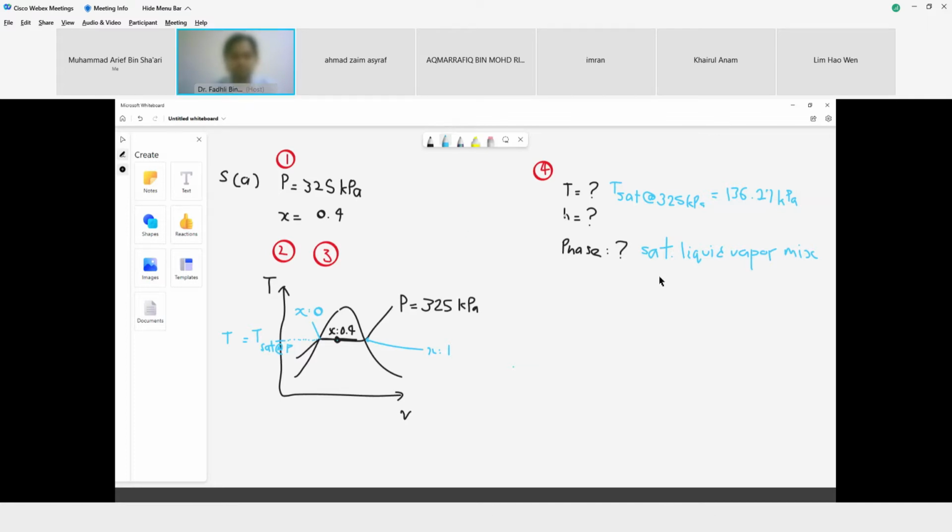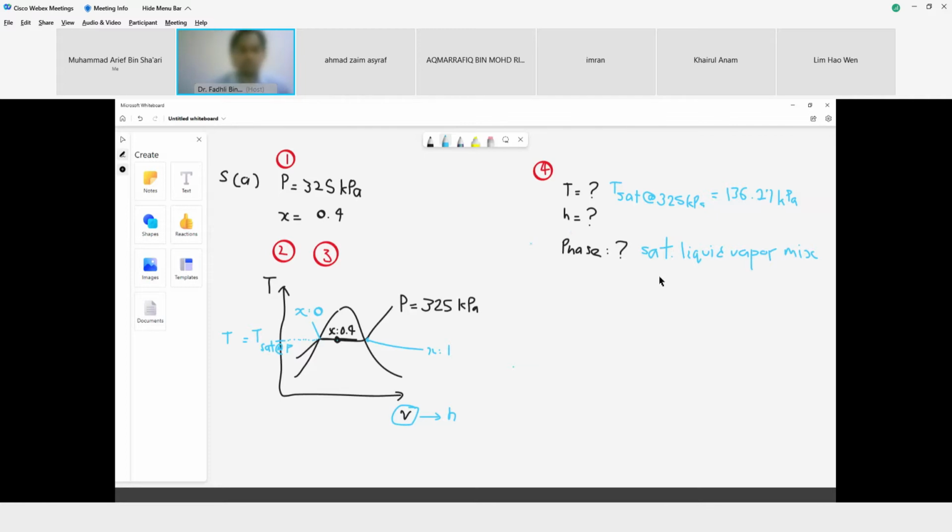Okay, next, H. How to solve H. As I explained in my lecture, the x-axis here, which is specific volume, can actually be changed into another property. You can change from V to H, or U, internal energy, or enthalpy, or even entropy S. In this case, we change to H because we need to find the enthalpy.